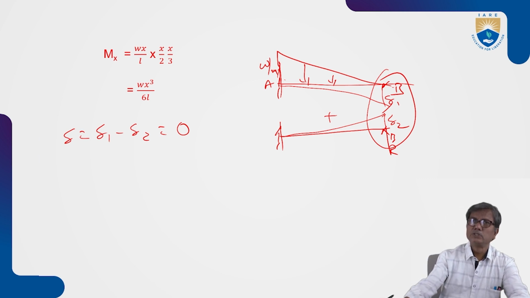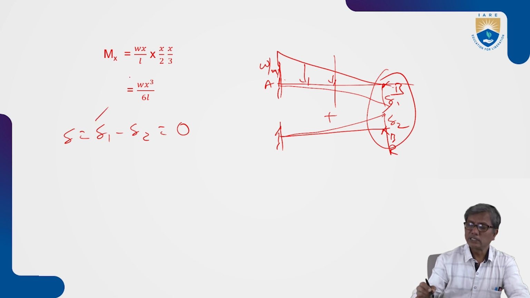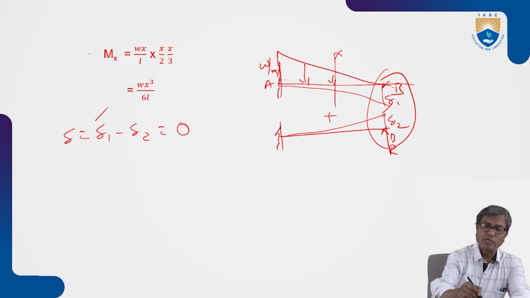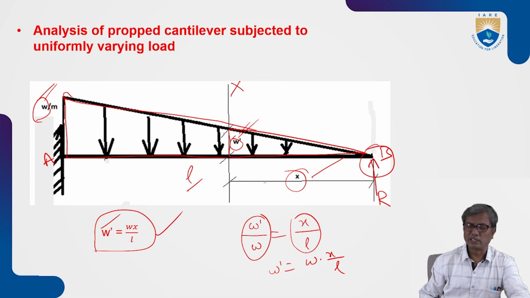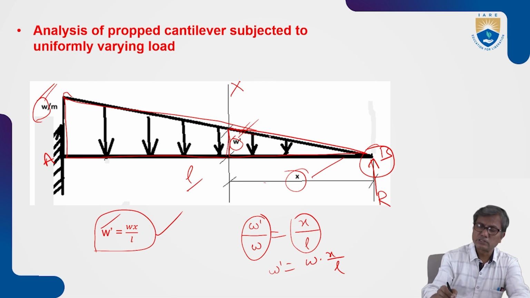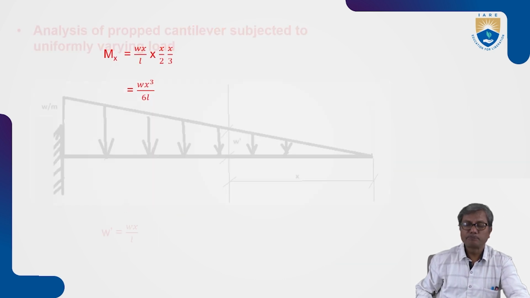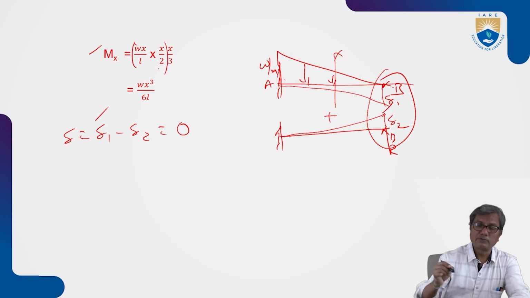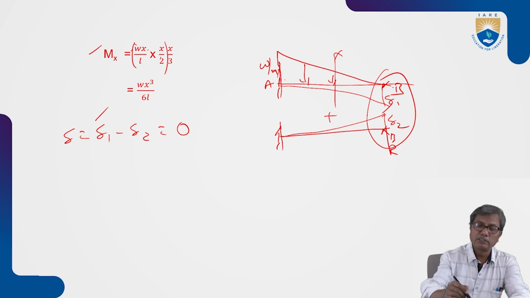First, to find the deflection, let us consider delta 1. Consider a section x here at a distance x, and the moment at this section x is, from this figure, the moment due to this varying load. So what is the moment of that load? The area of the triangular load is the intensity Wx by L into x base by 2.